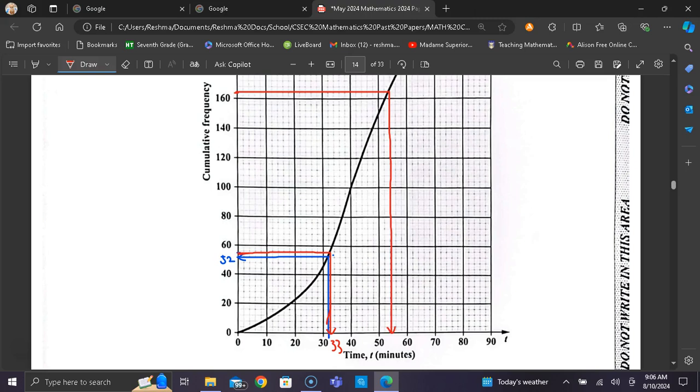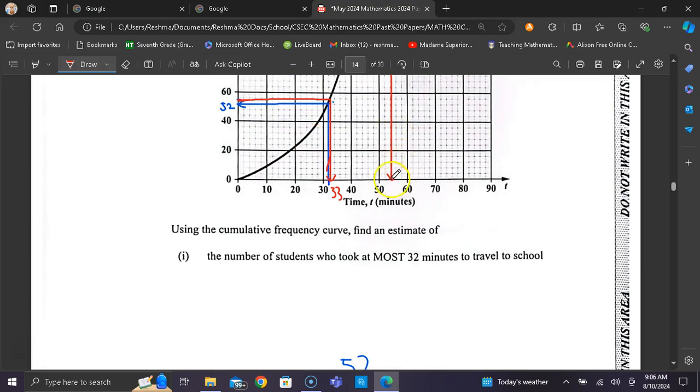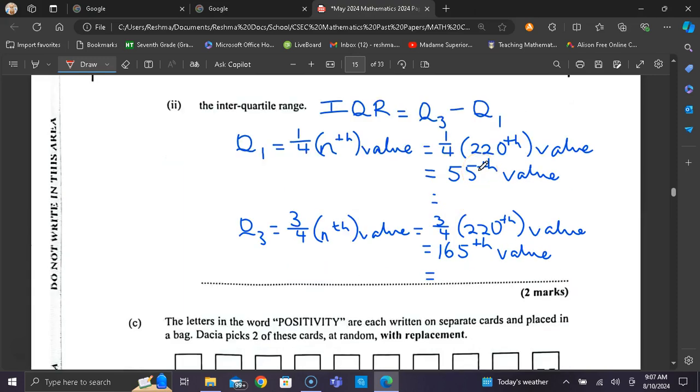All right, so I would estimate this to be, if this is 52, this will be 54. So Q3 is 54. So therefore our IQR, in total range Q3 minus Q1, will be 54 minus 33, which will give 21 minutes.